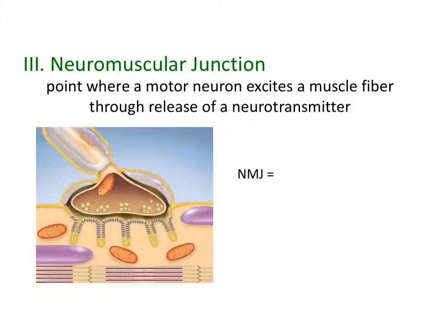We will classify types of connections between neurons and other cells in a little bit when we talk about neurophysiology, but just so that you can refer back to this, the neuromuscular junction, which is the point where a motor neuron excites a muscle fiber through these chemical signals, is called a chemical synapse. And so we're going to have a brief introduction to what is a chemical synapse. We will do it a little bit more in detail the second time we hear about them when we talk about neurophysiology.